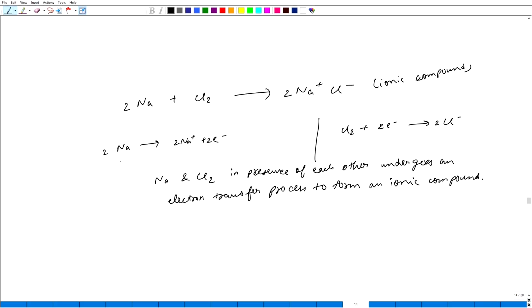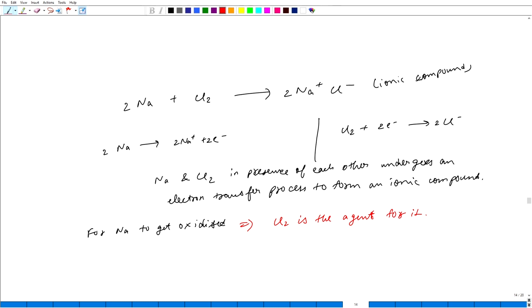So, if I am saying that for sodium to get oxidized, Cl2 is the, we say, okay, sodium is losing one electron.